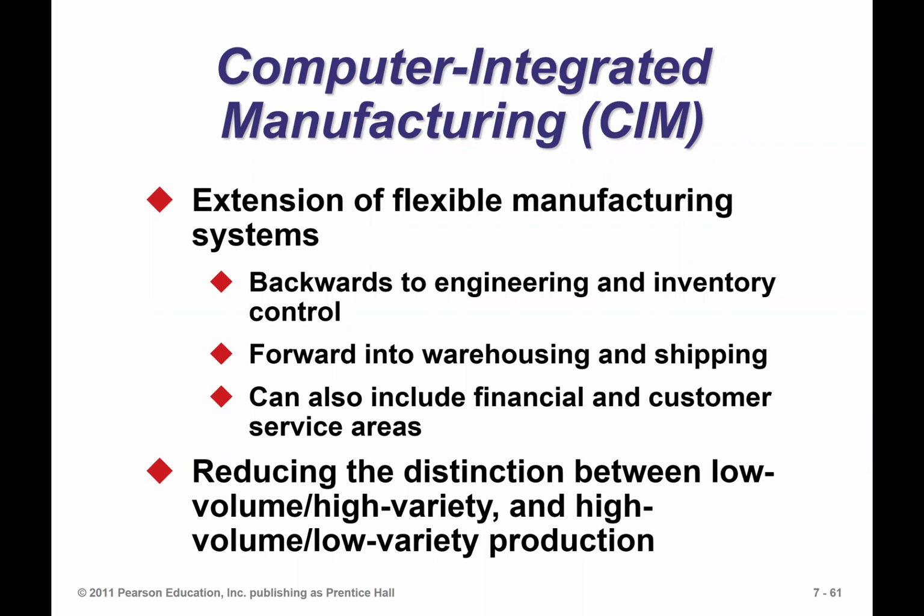Most big manufacturers now use CIM, right? It can also include financial and customer service areas. It reduces the distinction between low volume, high variety and high volume, low variety, so you can look at mass customization here. This kind of environment will allow for computer integrated manufacturing. That's the mass customization.